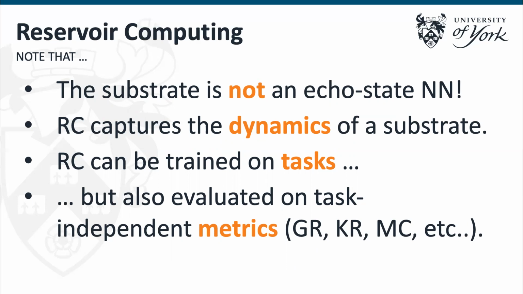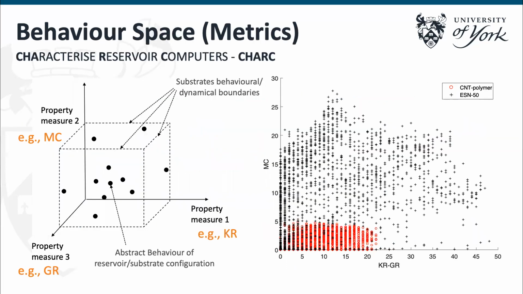So we have generalization rank, kernel rank is kind of a measure of nonlinearity. Generalization is a measure of how well it can abstract things from the input, and memory capacity is a measure for how well it can memorize things, and for how long, that you put into it, etc. So we have metrics which are task independent.